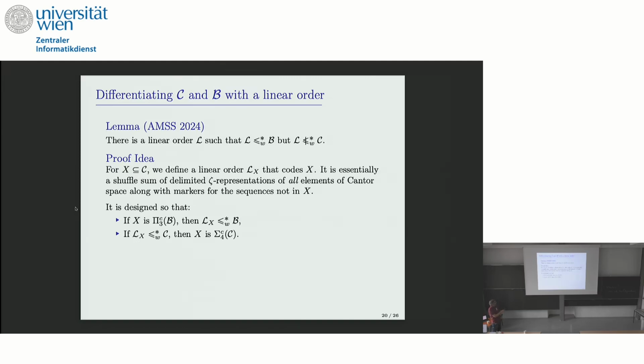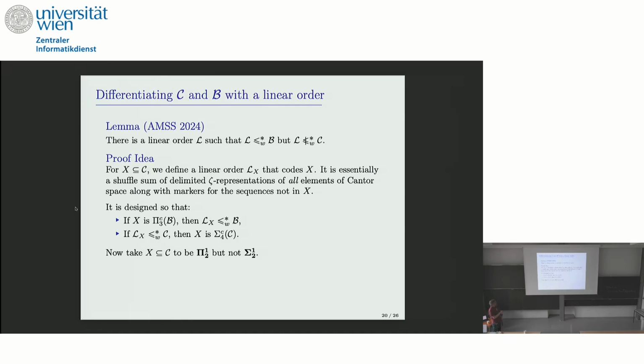given such a linear order, if X is computably pi3 over Baire space, then L_X will be generic Muchnik reducible to Baire space, and if L_X is generic Muchnik reducible to Cantor space, then X is computably sigma 4 over Cantor space. And if you remember, one of those is going to be equivalent to pi 1, 2, and the other to sigma 1, 2.